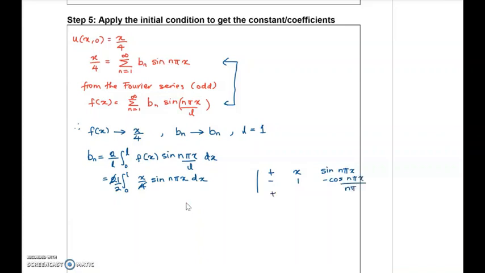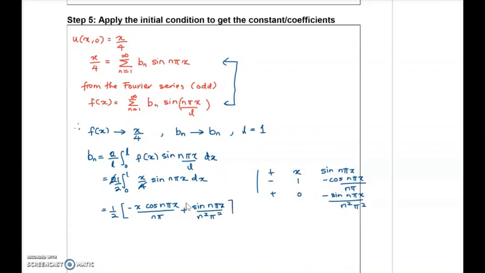Then we have positive, and this is 0, and this is negative sine n pi x over n square pi square. Okay, so putting the solution: we have 1 over 2, and then negative x cos n pi x over n pi plus sine n pi x over n square pi square.